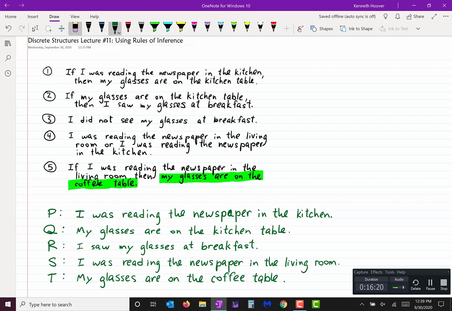Okay, now I'm going to show you how to diagram a logical argument where we can conclude from those 5 given facts that your glasses are on the coffee table. Okay, these would be our premises.